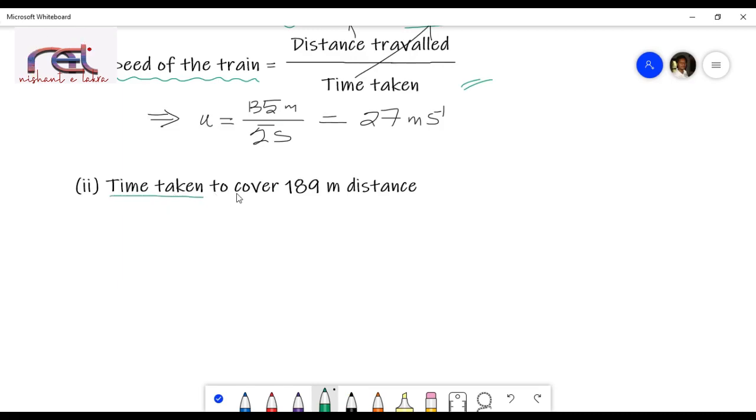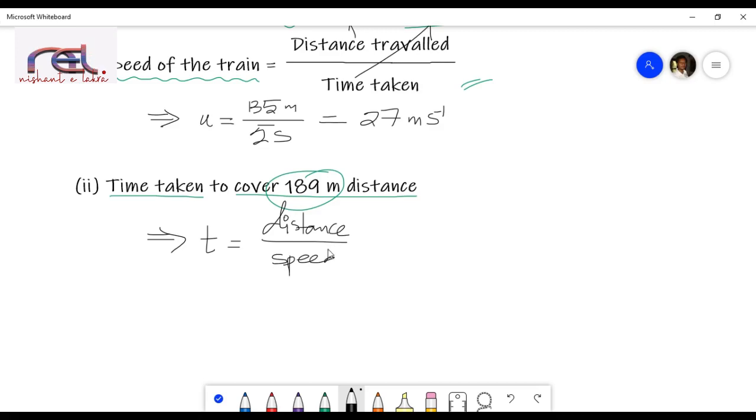The second question is, we have to find time taken to cover 189 meter. Okay, this distance. Let's see how to solve this and which formula is to be used. We'll be using the formula to find time, and I am sure that you know this formula too. Time is equal to distance by speed. Okay, time taken is equal to distance by speed. Distance is given in the question, right? It has to cover 189 meter.